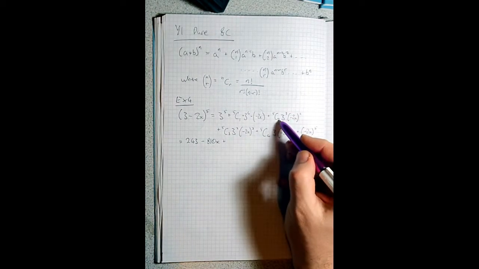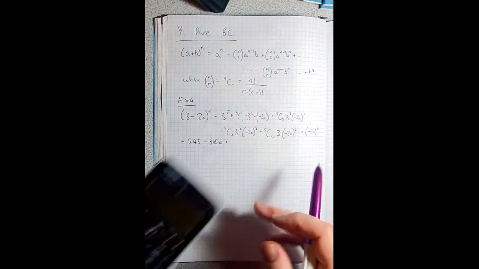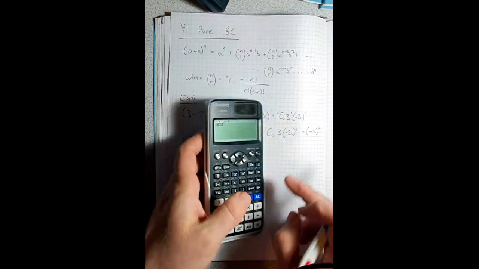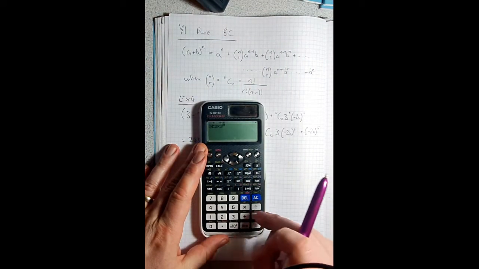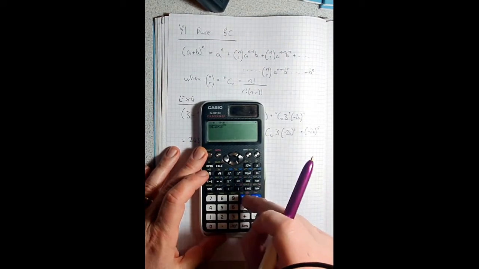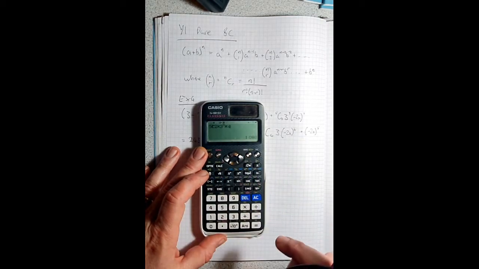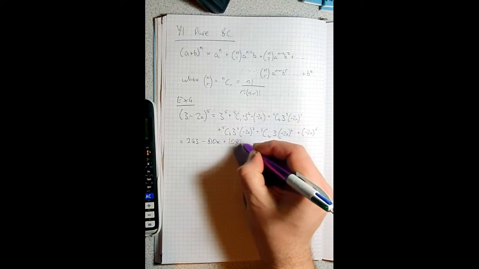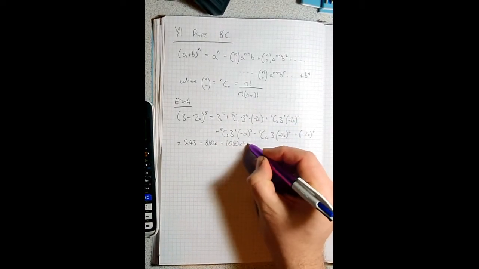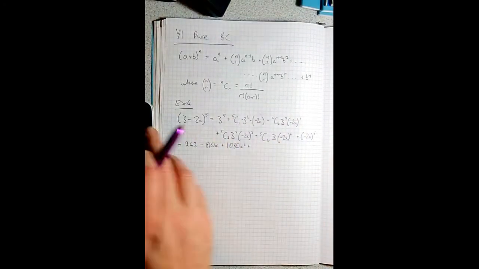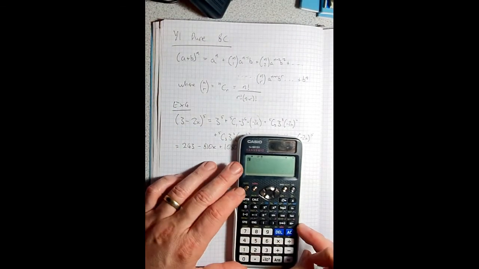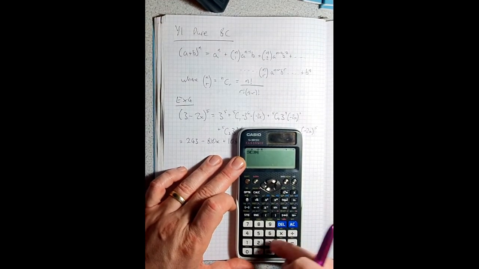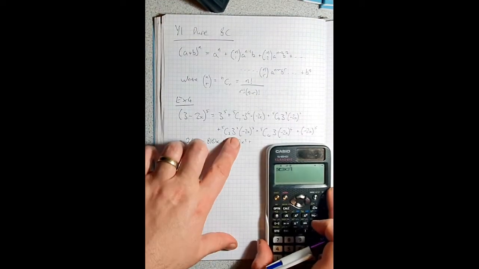So I'll do 5C2, literally type in 5C2 times 3 to the 3 multiplied by 4. There you go, 1080x squared. 5C3 times 3 squared.